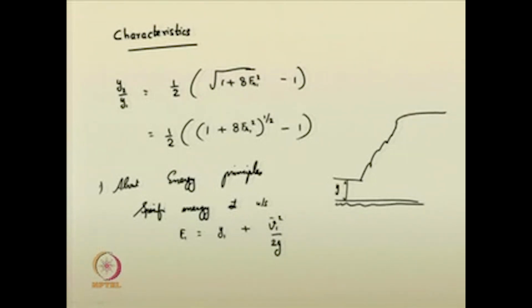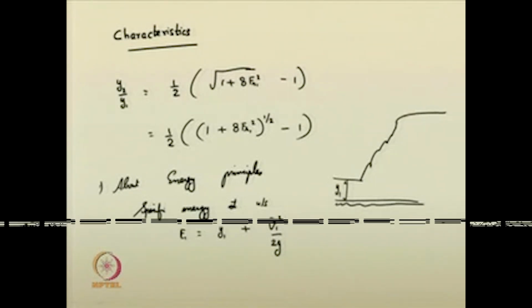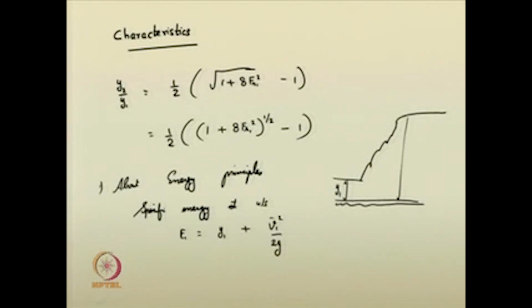At this section, what is the specific energy that is being measured? Now, at the post-jump section, what is the specific energy there, that can also be suggested. At the downstream of the jump, specific energy E2 is equal to y2 plus V2 squared by 2g.